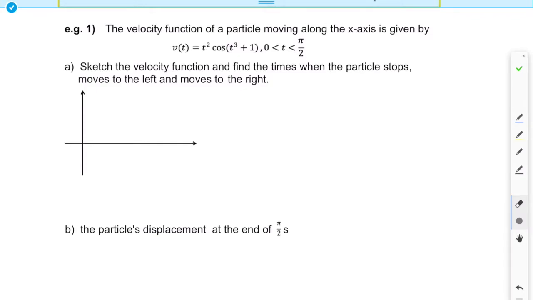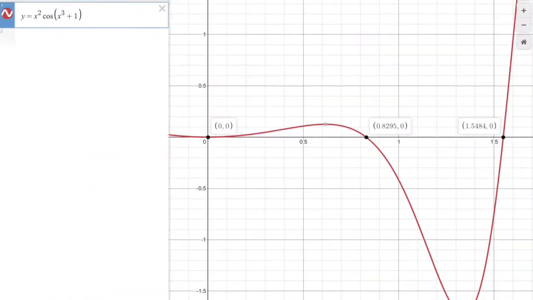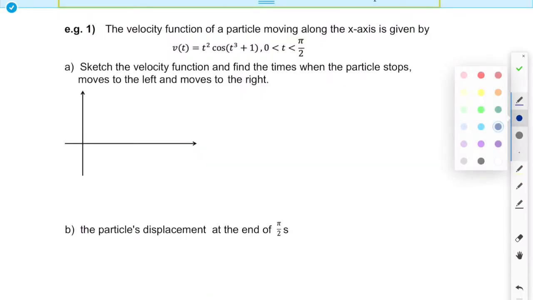Okay, so I have made this graph on Desmos, and we see clearly that in this particular velocity function, the three zeros happen at 0, 0.8295, and 1.5484. Okay, so let's remember that. So let's put the sketch on the lesson.